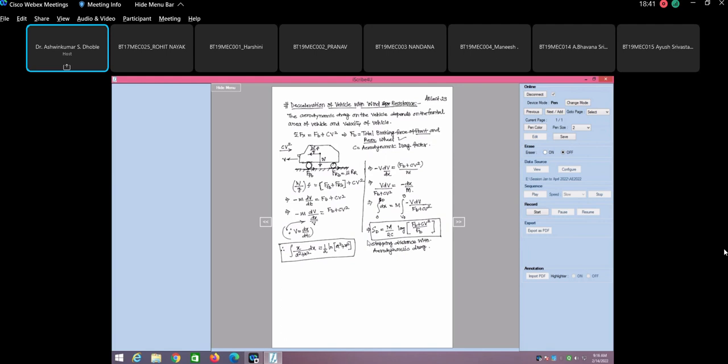So please understand that with the aerodynamic drag the things become a little bit complicated. So can we solve a numerical based on this?